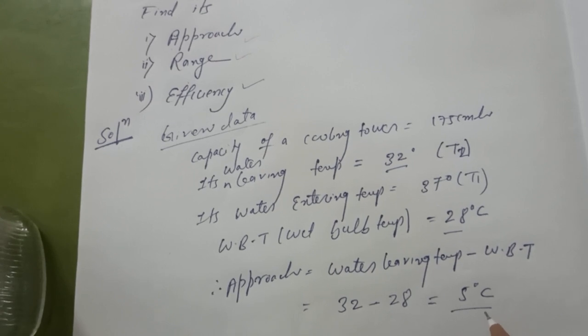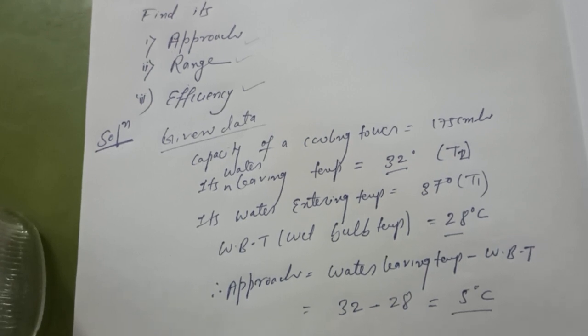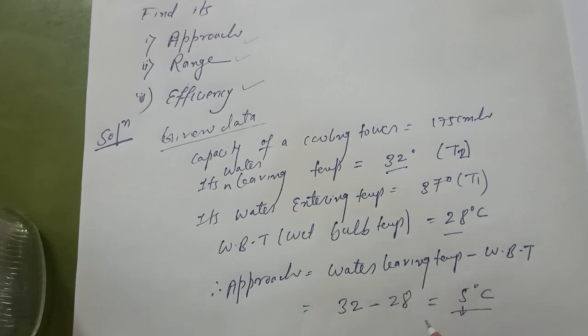Friends, what is the approach? Approach is the main thing for determining the performance of a cooling tower. If approach is low, then cooling tower performance is high. If approach is high, then cooling tower performance is low. So always we have to keep it low, so that the heat exchange between the air and the water is high.